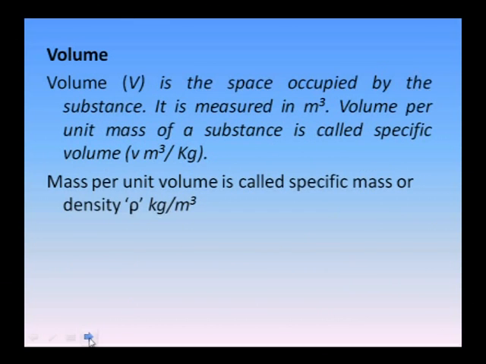Next, volume. Volume is the space occupied by the substance. It is measured in meter cube. Volume per unit mass of a substance is called as what? Specific volume. Here you can see per kg is considered, so it depends upon the mass. Mass per unit volume is called specific mass or density.